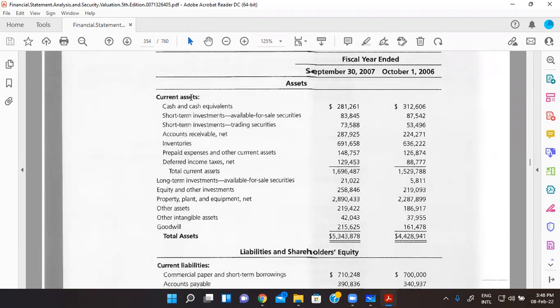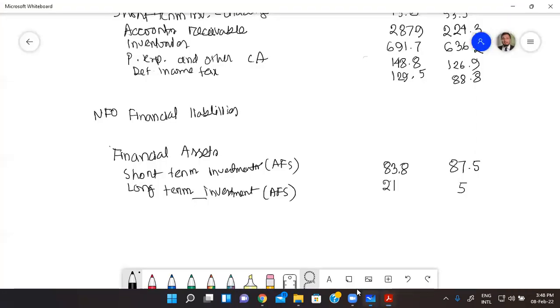Where should we place it? Okay, operating. So we should place it here, equity and other investment.